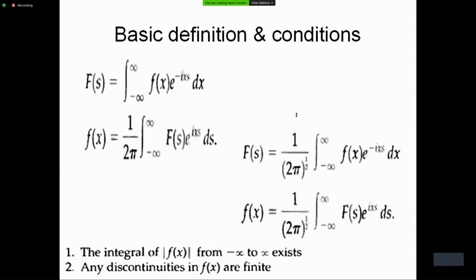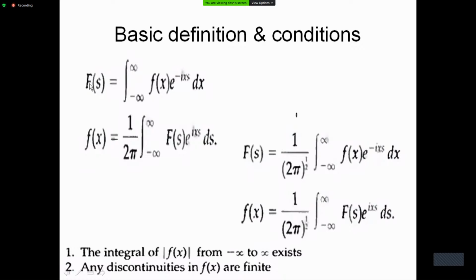This is the formal definition, which you must have seen in a variety of places, or whenever you search on Google, you will get this. So what is here is the Fourier transform of this function f of x, which will give you the representation in the conjugate coordinate called s here.